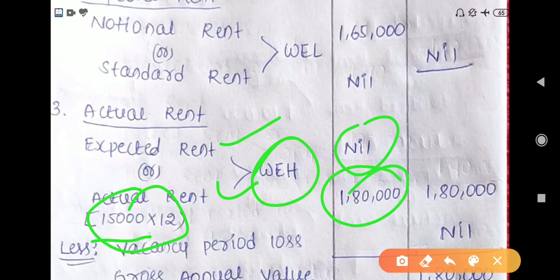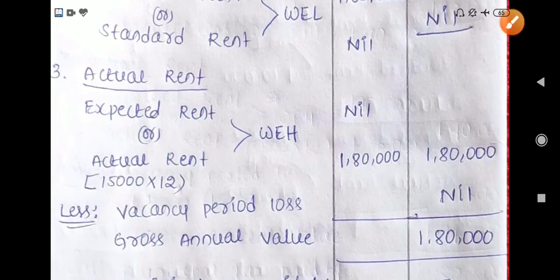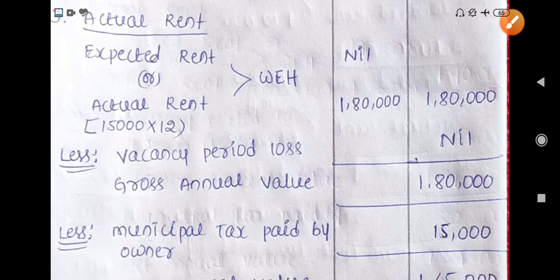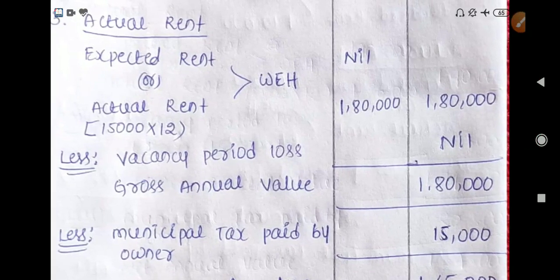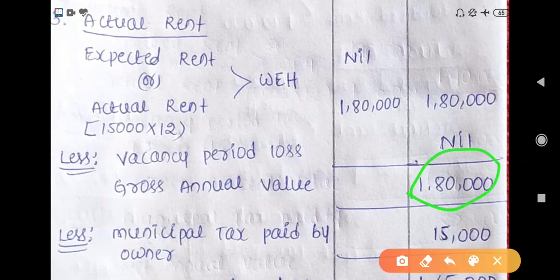Now compare these two, whichever is higher will be the actual rent. So 1,80,000 or nil. 1,80,000 is the higher amount. Then you have to deduct the vacancy period loss from that actual rent. So that is 1,80,000 minus 0. You will get the same amount, 1,80,000, that is gross annual value.